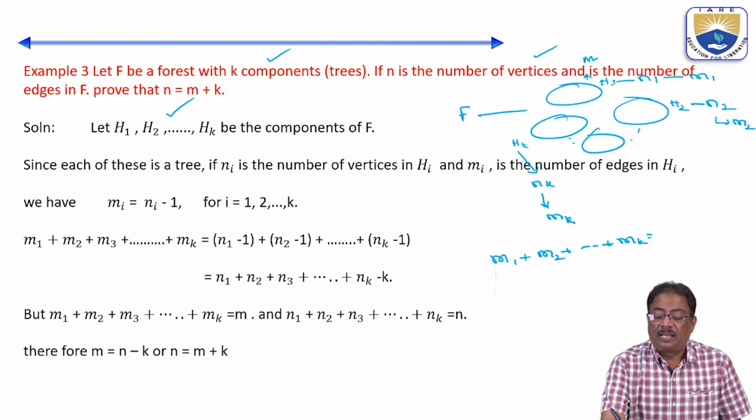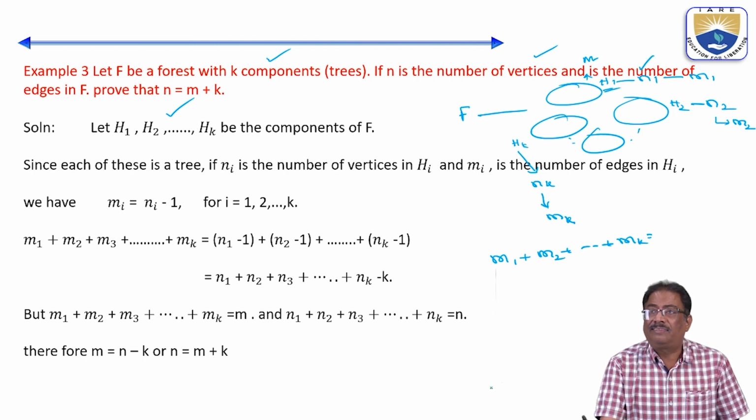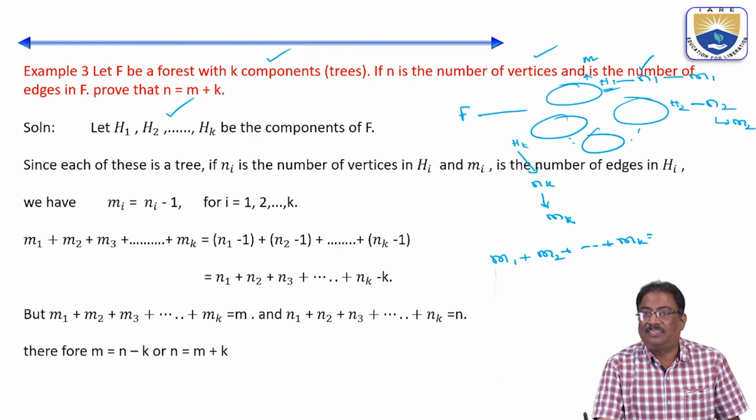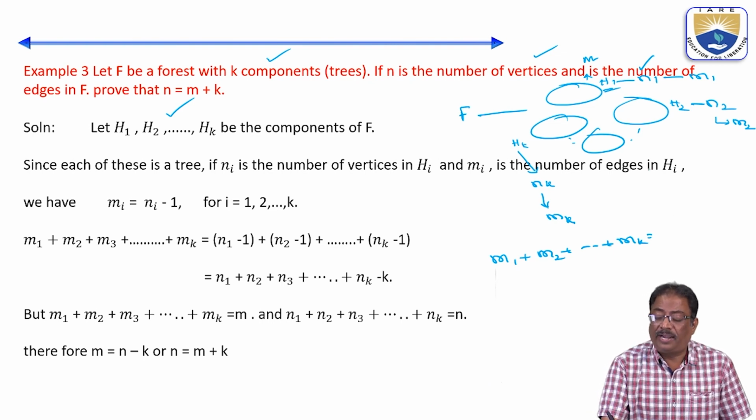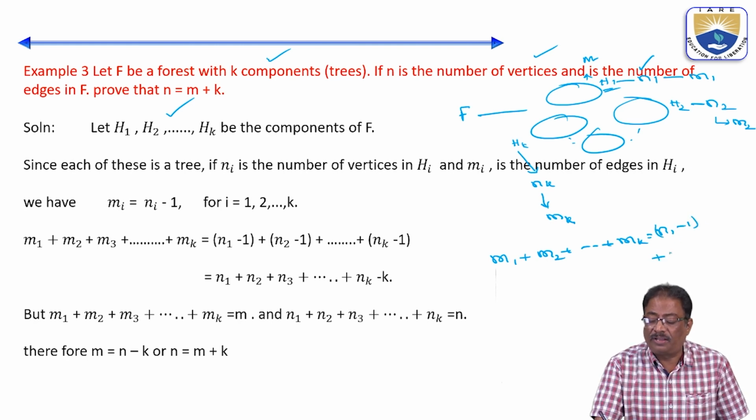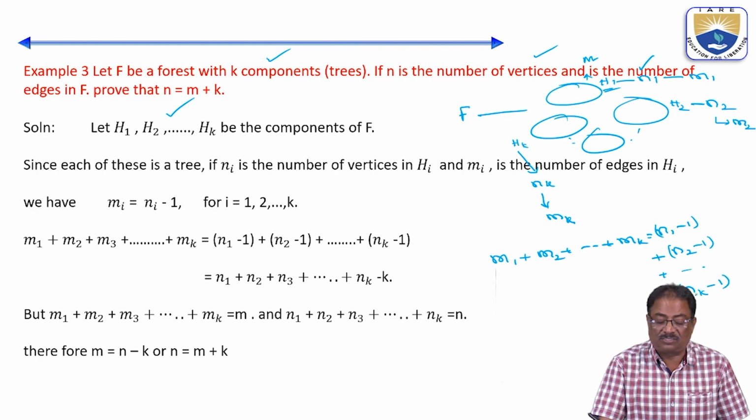H1 is one component with n1 vertices. It is a connected, cycle-less subgraph, so it is nothing but a tree. So it has n1 minus 1 edges. The second also has n2 minus 1 edges and so on. The last one has nk minus 1 edges.